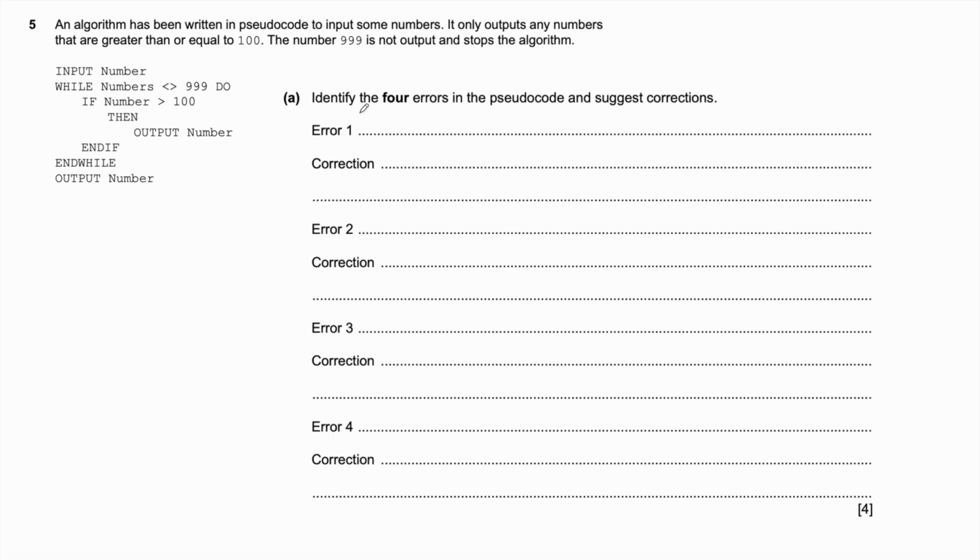So I'm going to say error number 1 is on line 2, and it's something like, numbers should be number, something like this. Okay, probably not the worst idea ever to match the case.